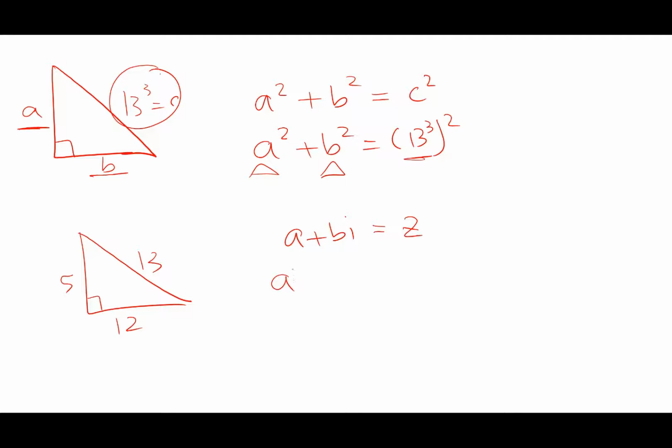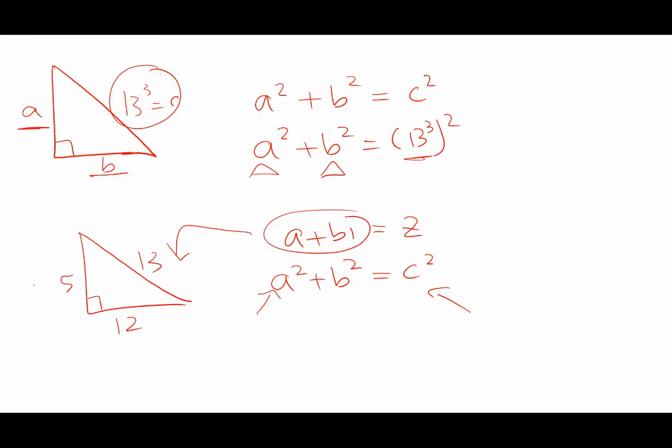This looks a lot like a squared plus b squared equals c squared. So if we can find the equation that satisfies this, we could probably find the a and b, the primitive a and b that go with that.